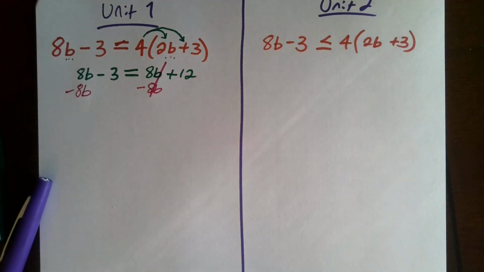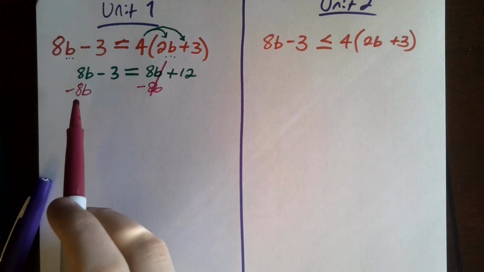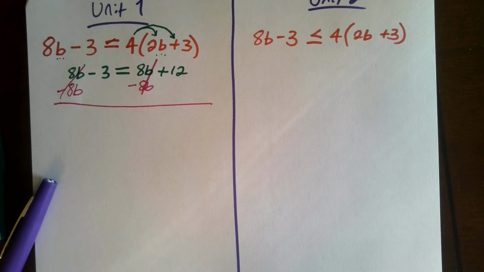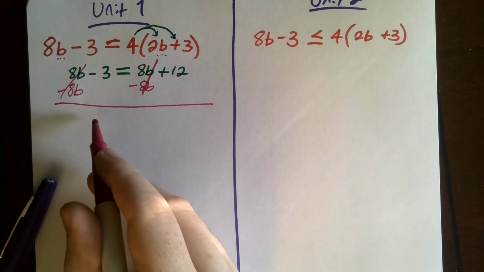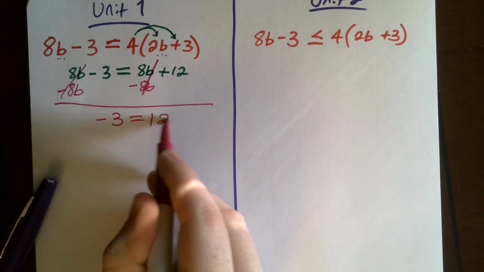But you may have noticed something interesting about this problem. When we move it over, 8b minus 8b, these will also cancel out. Well, what are we left with in this case? We're left with negative 3 equals 12.